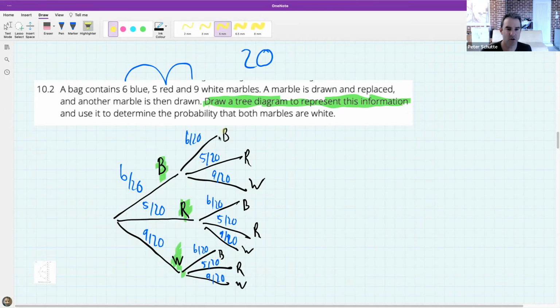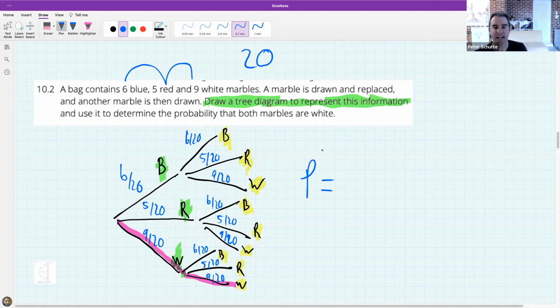The second set of choices are here. But the numbers don't change because I put the original marble back in the bag. I want to know which branch represents the outcome I'm looking for. And it looks to me like I want white on the first draw and white on the second draw. So now it becomes, how do I work out that probability?